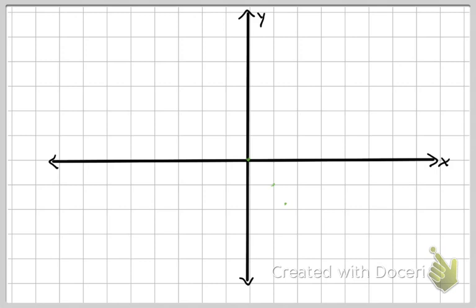So our function is going to look something similar to this. Remember, this is a sketch, but do make sure that you label your important points and make sure that it shows concave up and concave down.